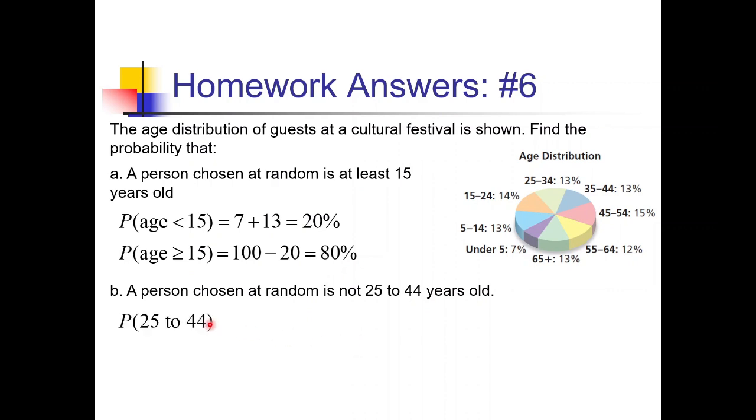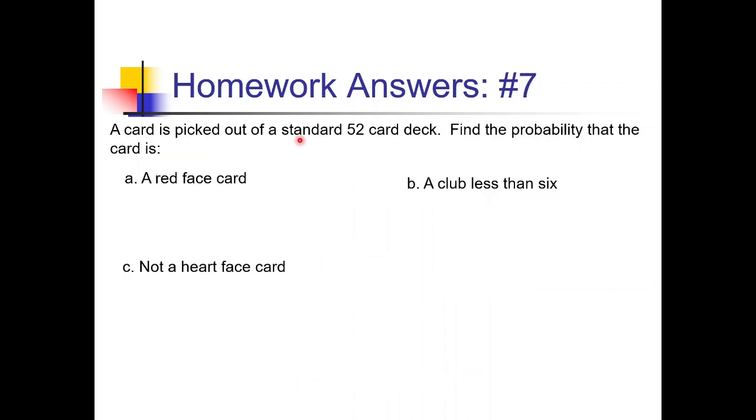So the probability of being 25 to 44, that's going to be this 13% here plus another 13%, which gives us 26% of what we don't want. So then the probability of not being in that age group is going to be 100 minus 26, which is going to be 74%.